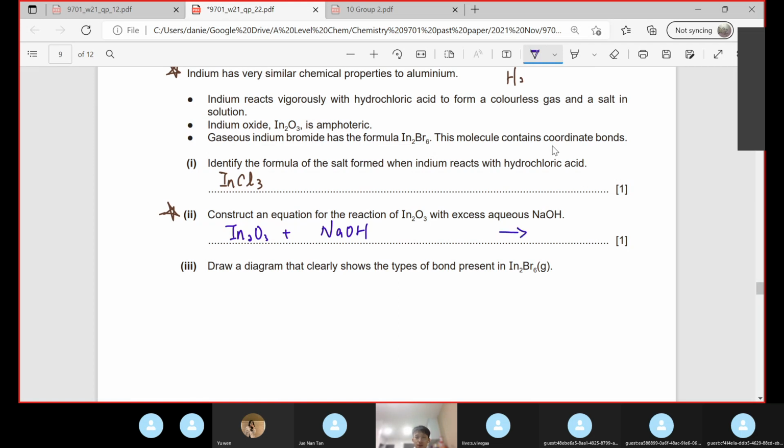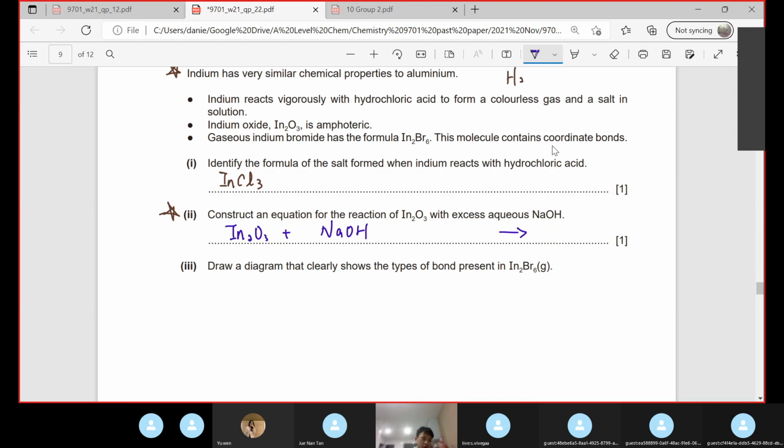In the notes, I think I only show you this reaction, but actually there are two different equations. This equation is for the complex form.